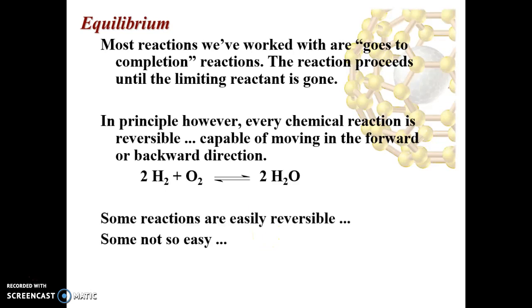Some reactions are easier than others. Something with a low delta H is going to be easier to reverse than something with a high delta H. Something that is comprised of gases is going to be easier to reverse than something where you have a lot of solids involved. So it really depends on a lot of factors whether or not a reaction is going to be reversible.